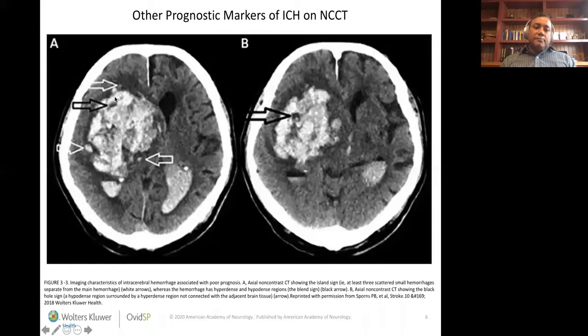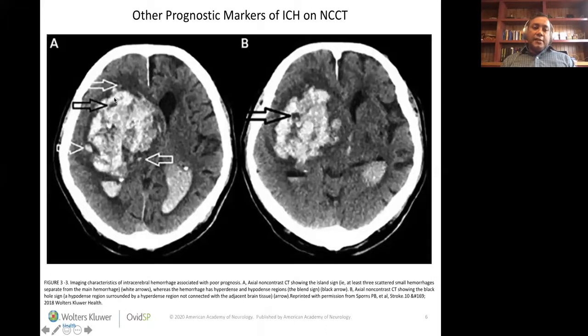You also see that the hemorrhage itself is not homogeneous. It is heterogeneous with areas of darkness and areas of brightness. That's known as the blend sign. And then here you see an area within the hemorrhage that's quite dark and is not in continuity with the rest of the hemorrhage. This is known as the black hole sign.